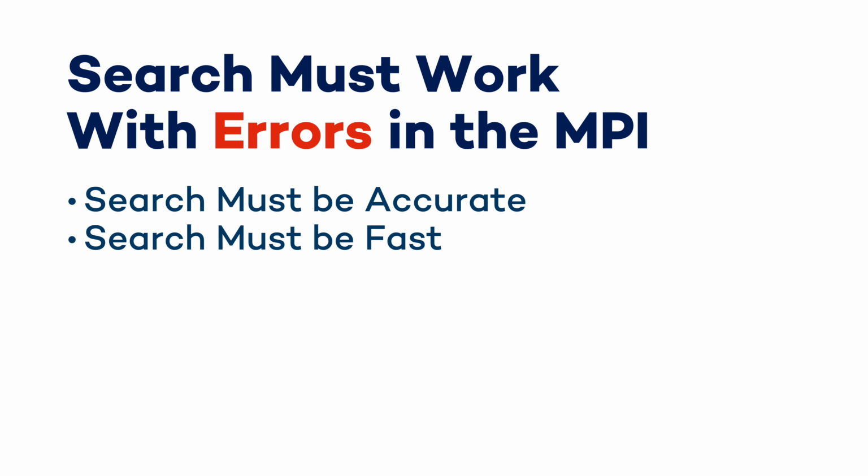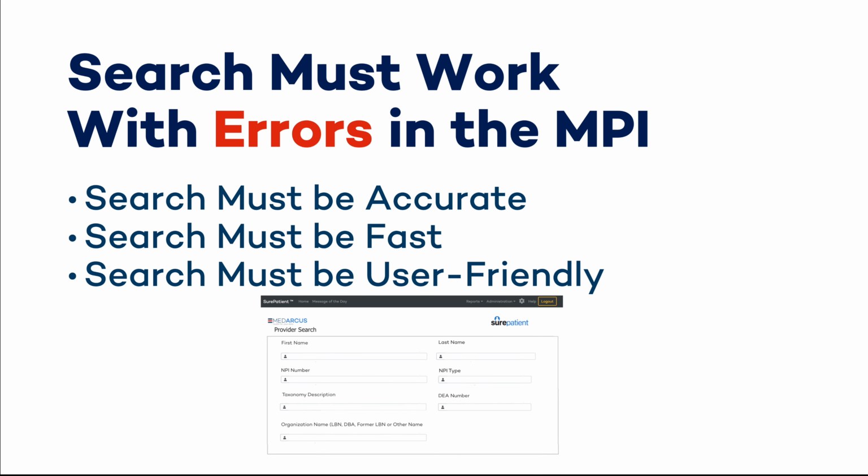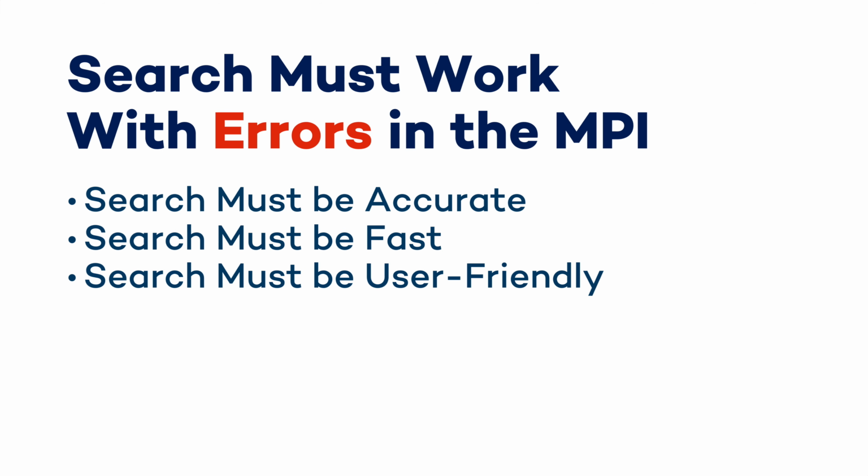In the high-speed, high-pressure registration offices for the emergency department, the admissions office, or in scheduling offices where the phones are always ringing, our search has to find the patients as quickly as possible. The search must also be user-friendly. Think about it. We get on the internet and use internet search easily and without training.